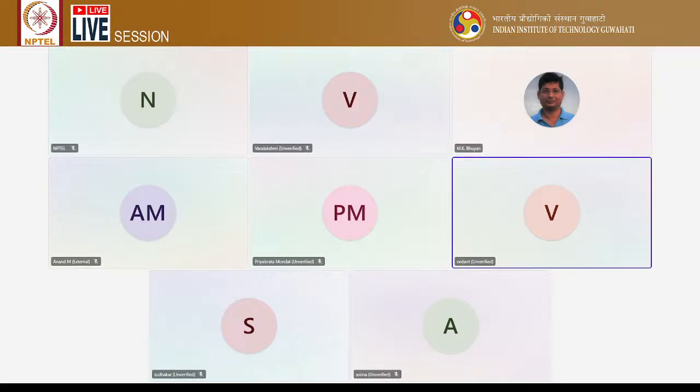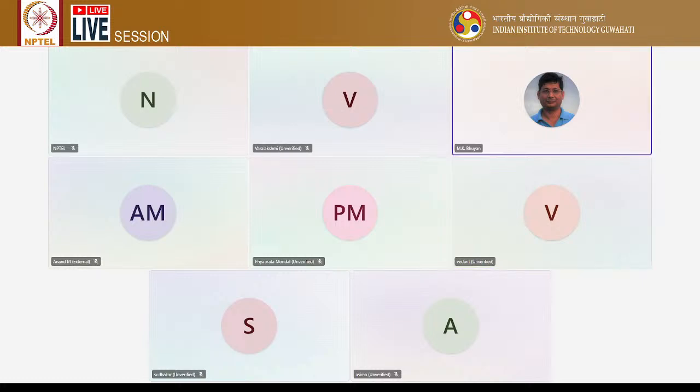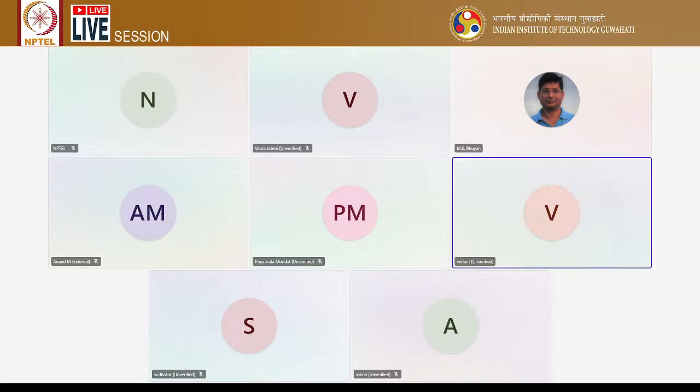Sir, how should I approach that autonomous vehicle part? One problem is segmentation. You have the camera in the vehicle, and another problem is depth estimation, because one car is moving, there is an object, a tree, a building.